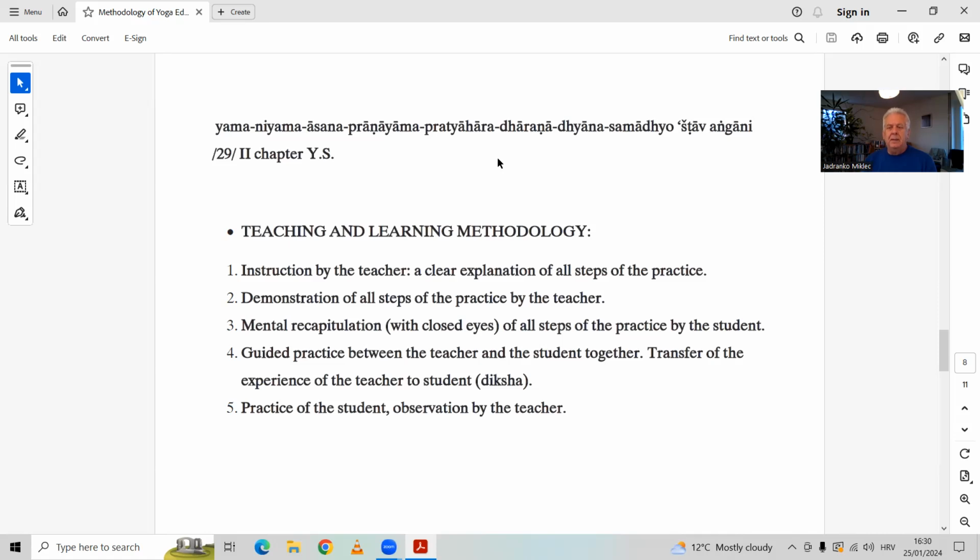So first, in the teaching of yoga, it is very important that the teacher gives very clear instruction to the student. It means a very clear explanation of all the steps of that specific practice. For example, to teach the student one specific asana, one yoga position: how to enter that position, how to stay, and how to come out from that position.